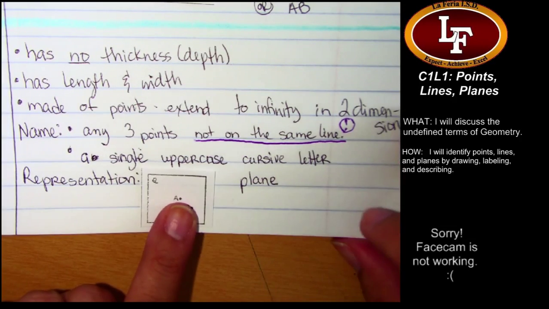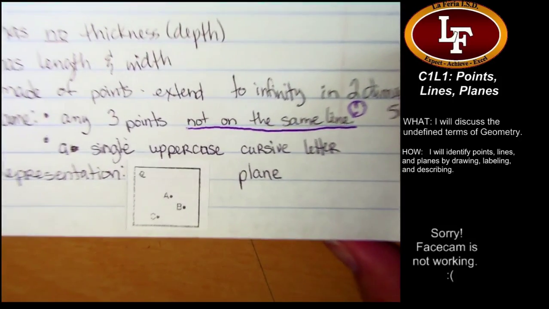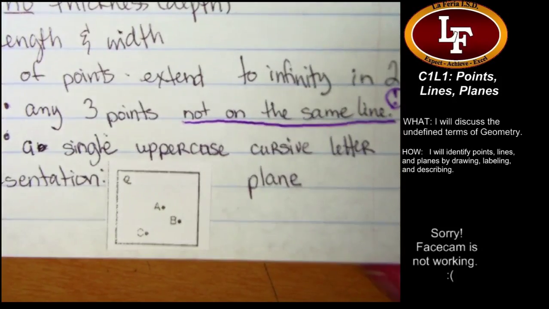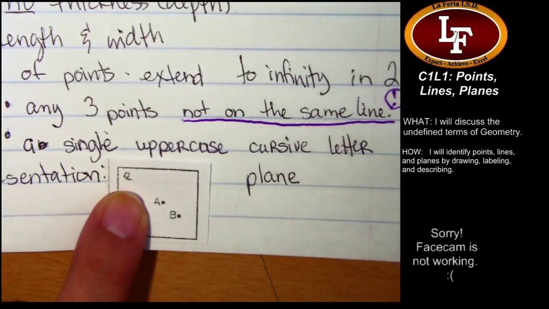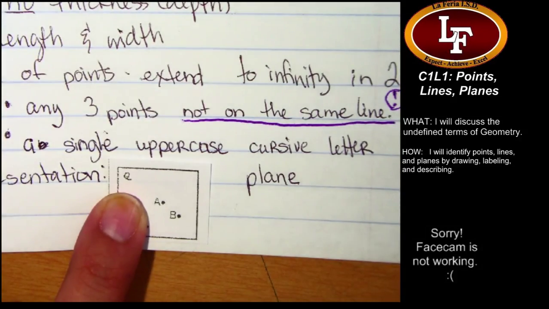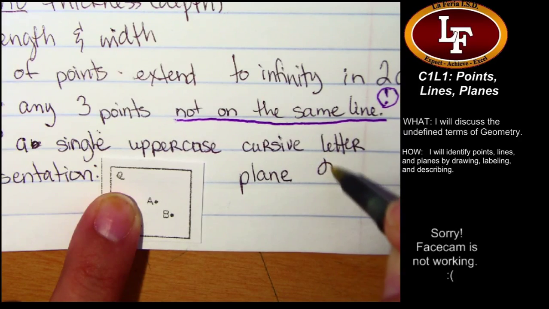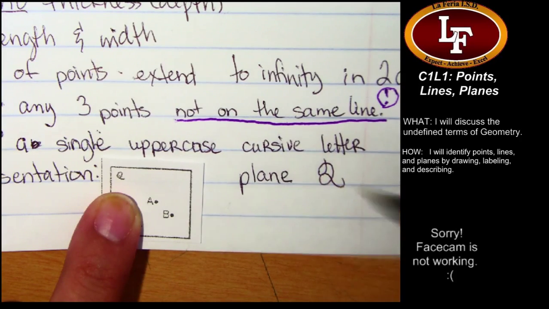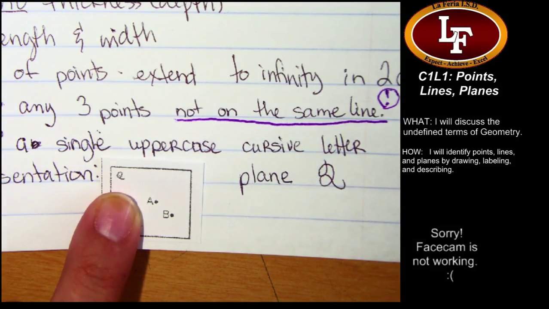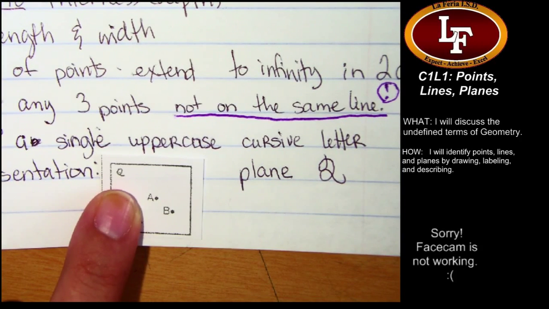We can write the name of the plane, in this case, with that upper cursive letter. You see this letter right here? That's a Q, but in cursive, which kind of looks like a number 2. It's not, it's a Q. Very fancy.